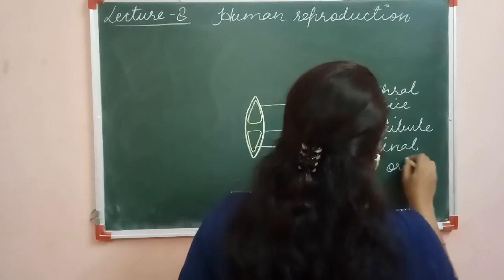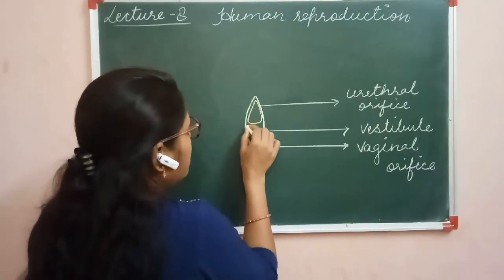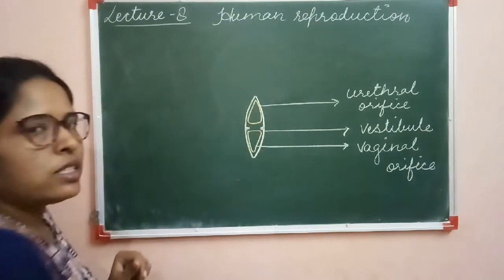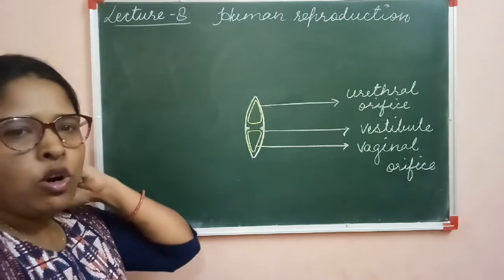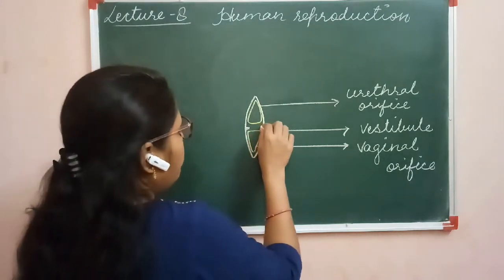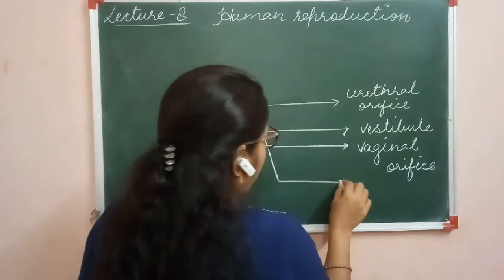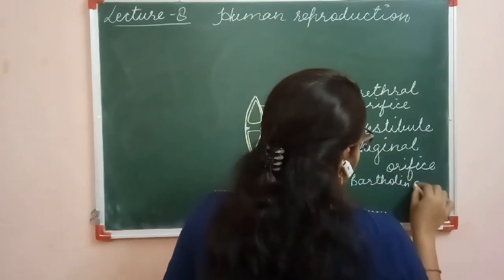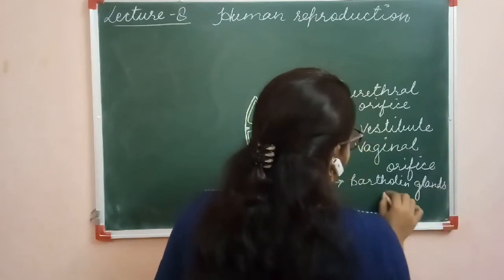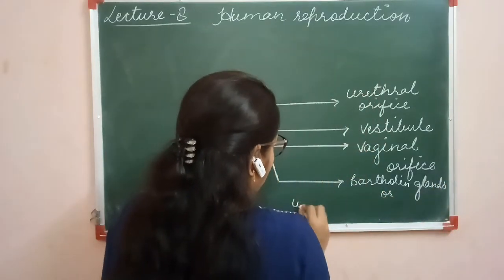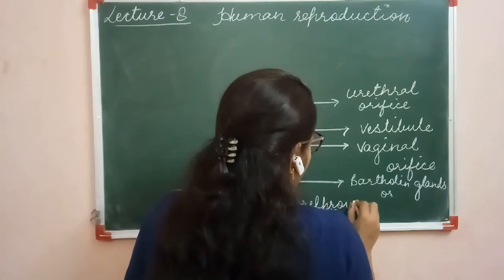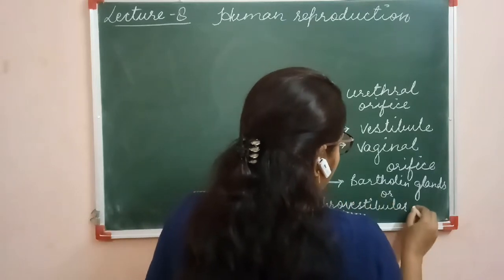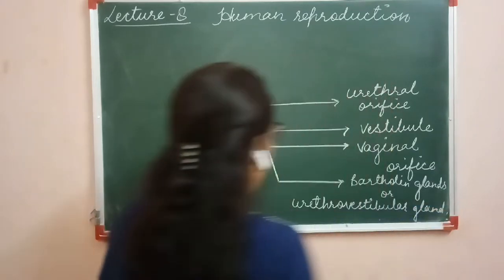This is the vaginal orifice. The base of this vaginal orifice has a pair of mucus secreting glands for the lubrication of the vagina. These mucus secreting glands are called Bartholin glands, or they are also called urethrovestibular glands.